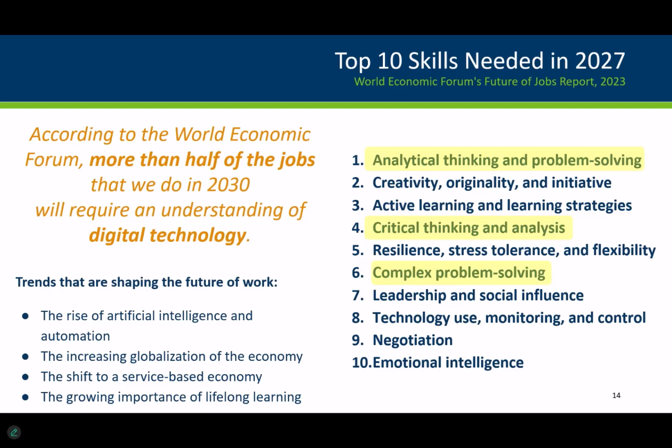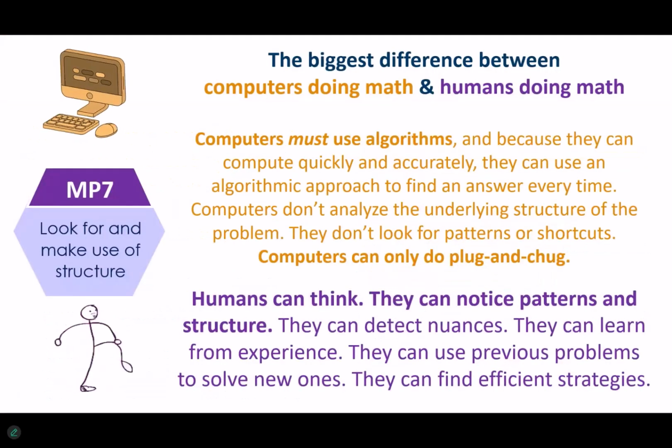If you take a look at the top 10 skills needed in 2027, according to those who forecast what our students are going to need, you'll notice a rise of digital technology, but our real-life students are going to need analytical thinking, problem solving, critical thinking and analysis, and complex problem solving, all things related to today's math practice.